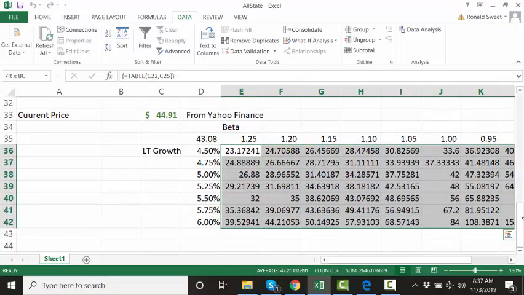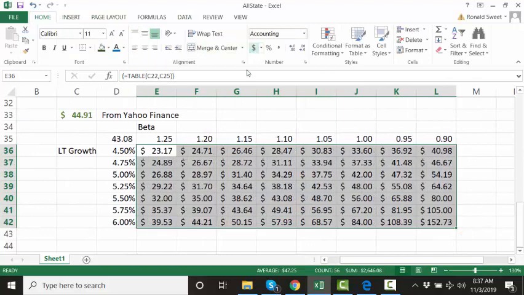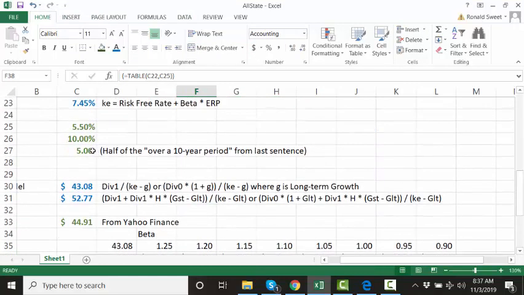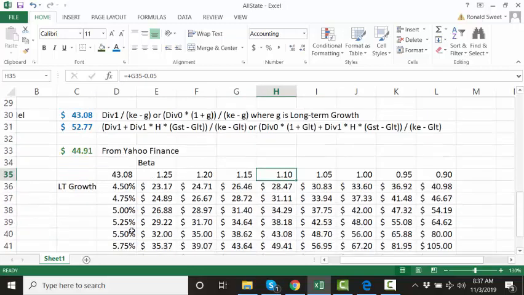We can highlight that and format it in dollars. Our assumption was a beta of 1.1 and a growth rate of 5.5%, so there's our 43.08 right there in the middle.